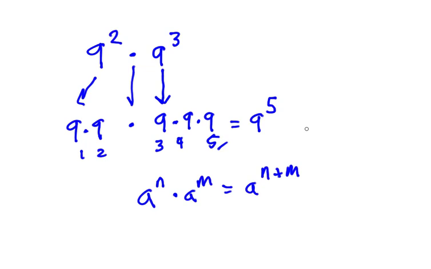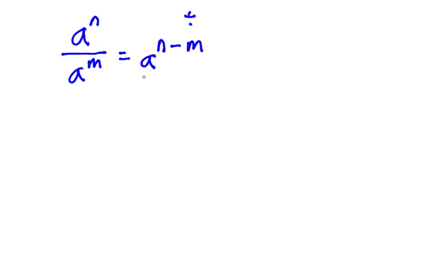Alright, let's go on to the next rule. Now the next one will have a to the power of n over a to the power of m. In this case, we're dividing, so we get a to the power of n minus m. In other words, you subtract the two.